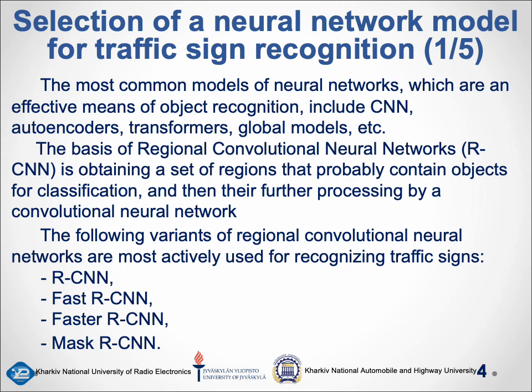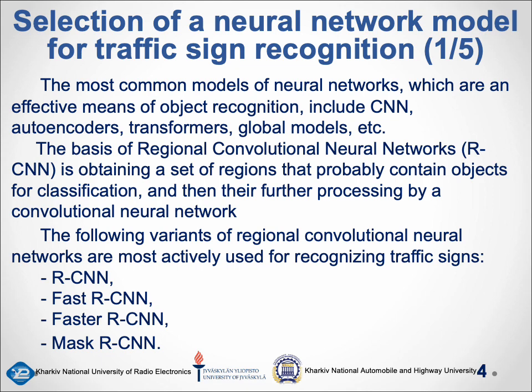The basis of regional convolutional neural network, RCNN, is obtaining a set of regions that probably contain an object for classification and then their further processing by a convolutional neural network.